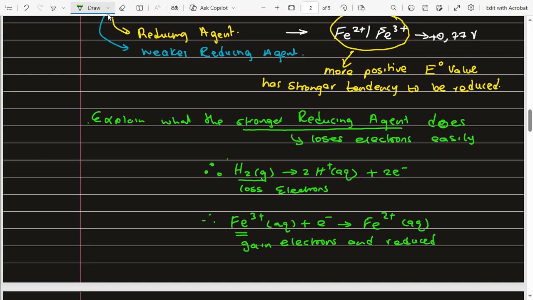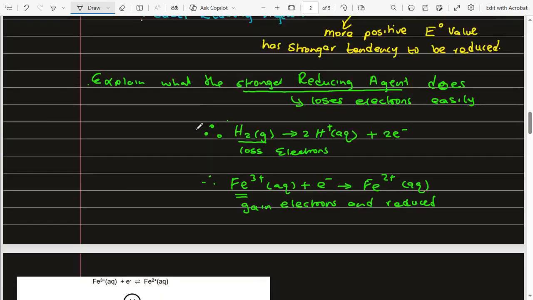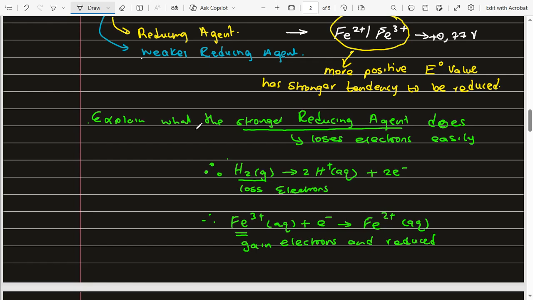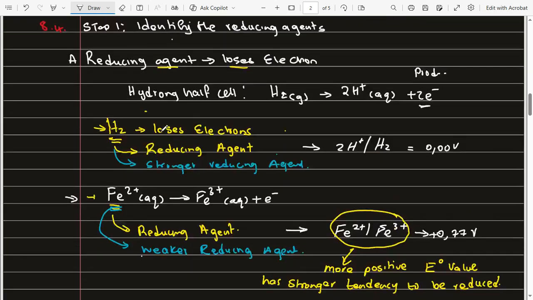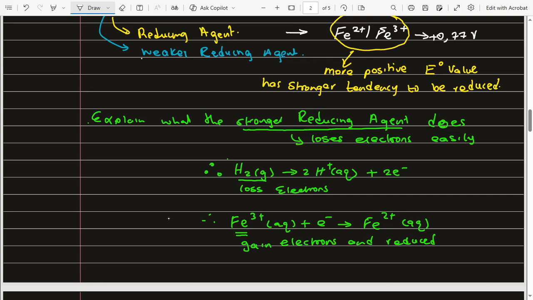Right. I'm just going to try and conclude this now, because I can see that I'm running out of time. To answer your question 8.4 regarding the information that we discussed, we're going to say that H2 is a stronger reducing agent. That's the first thing you need to tell them.